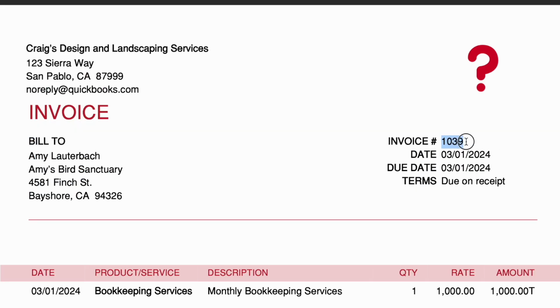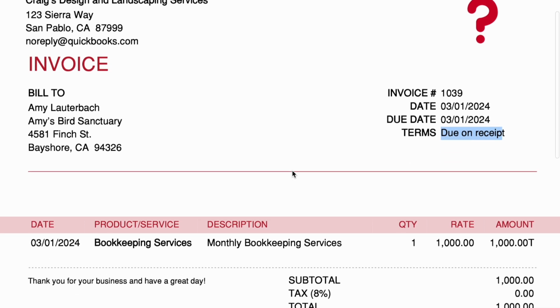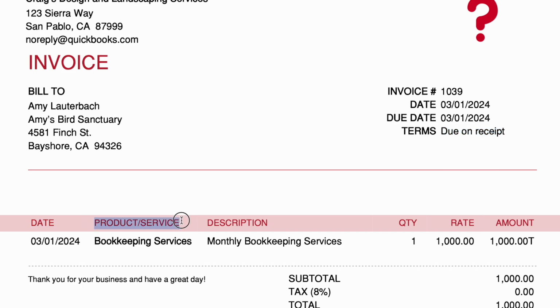The date, the invoice number, terms. So if you have payment on receipt or payment by 30 days, 15 days, or 10 days, the name of the service or product that you're providing them, a description of the product or service, the quantity, the rate, and the amount.